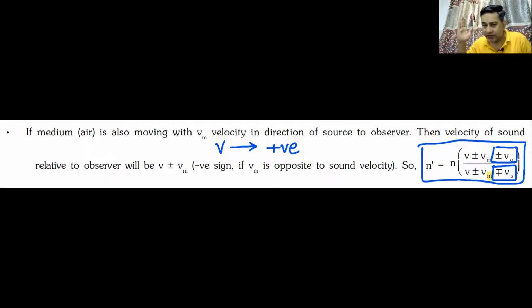The observer is here, the source is here. So the sound is moving in this direction, but the observer is moving like this. So then the observer will be moving in the opposite direction. If a body is moving in the same direction, its velocity is taken as positive. If a body is moving in the opposite direction, its velocity is taken as negative.